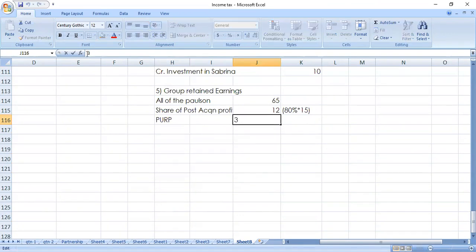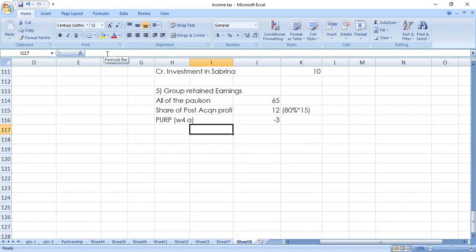I rounded off. For those who didn't round off, it's I think 3.2. Always communicate where the figure is coming from, since it's from working number 4.